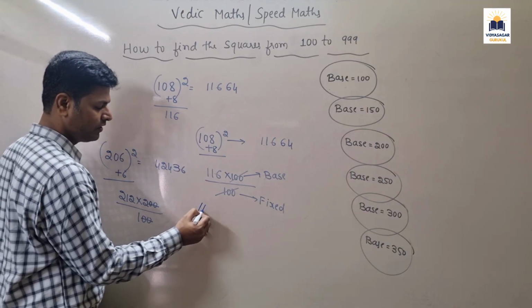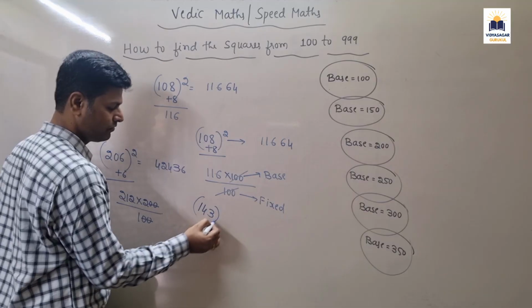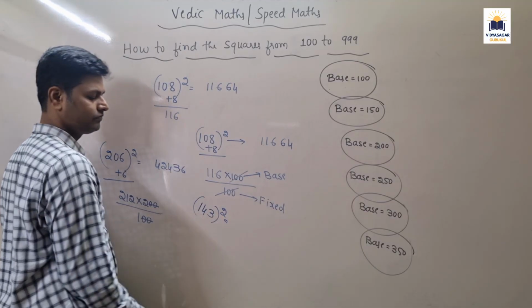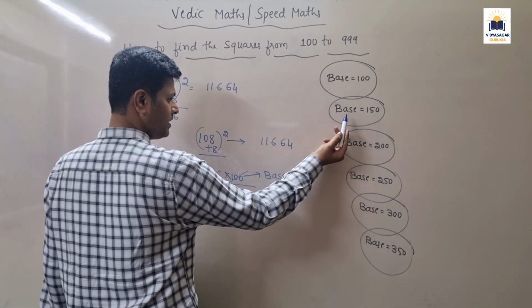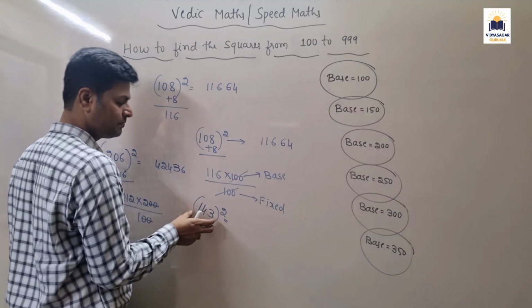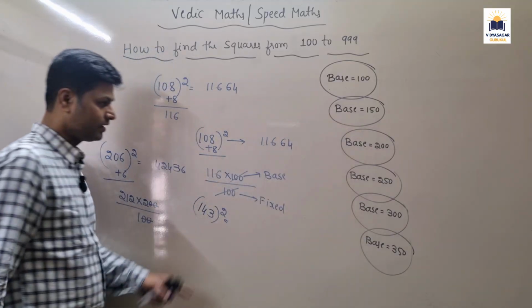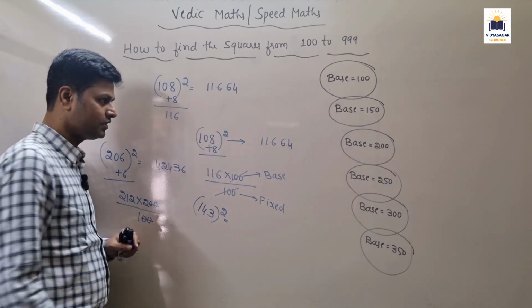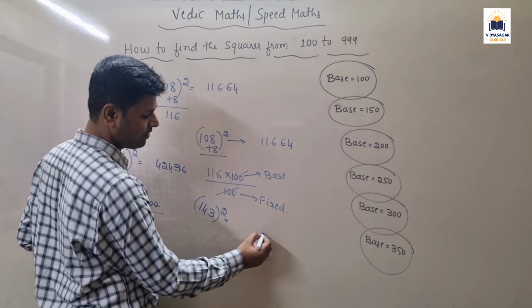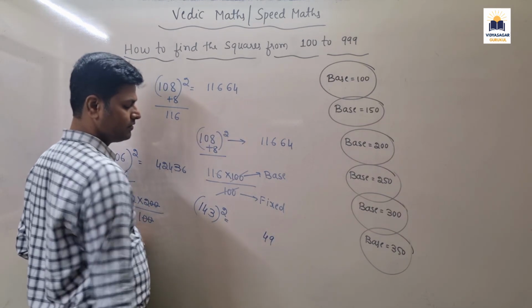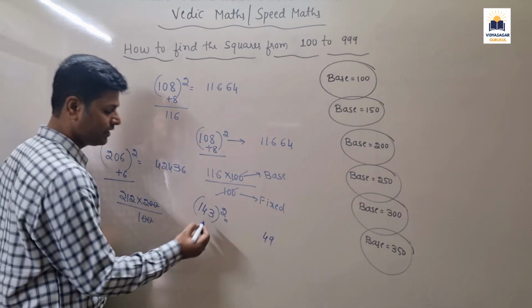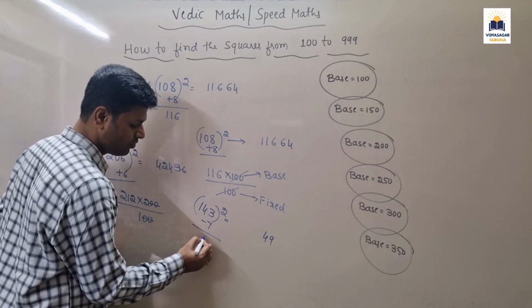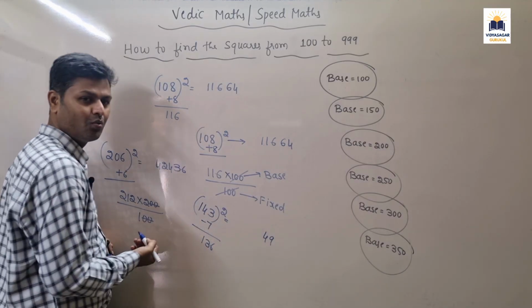Okay. Now if I go through one more example, assume 143 square. Compared to the base, the nearest base here is how much? 150, and compared to 150, 143 is 7 less. 7 square is how much? 49. 7 less, so it will be how much? 136.